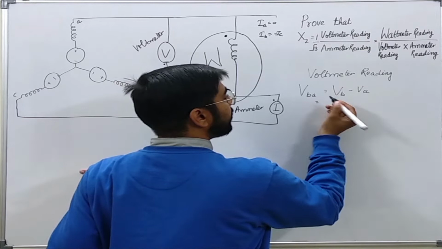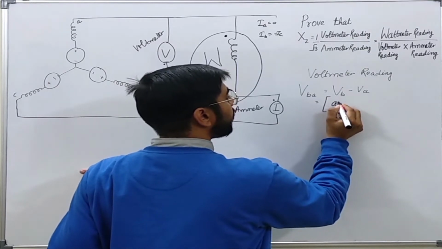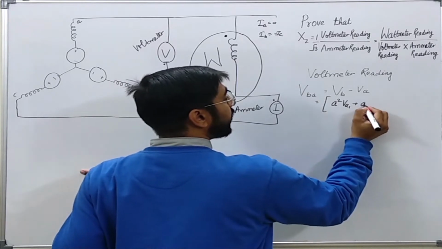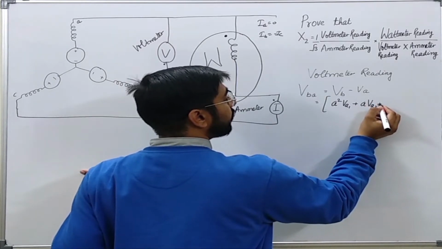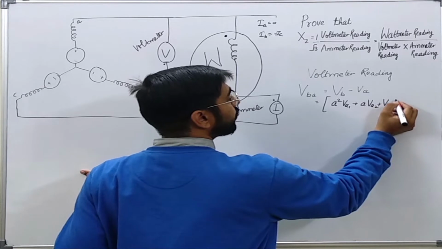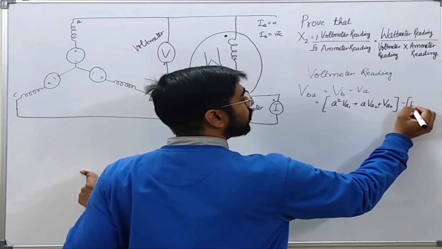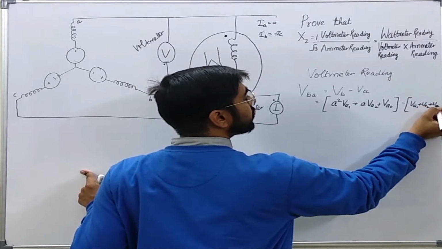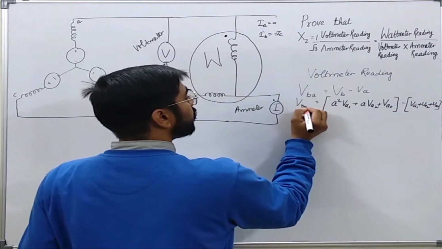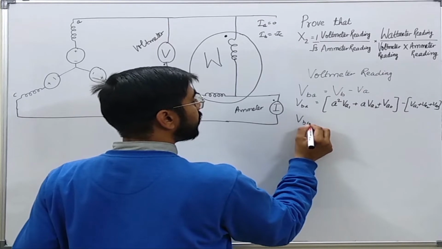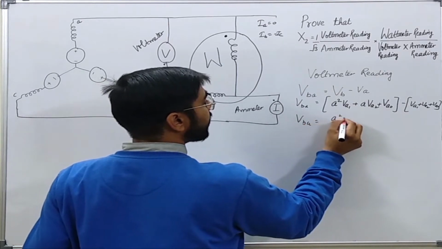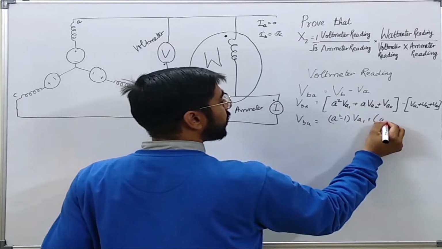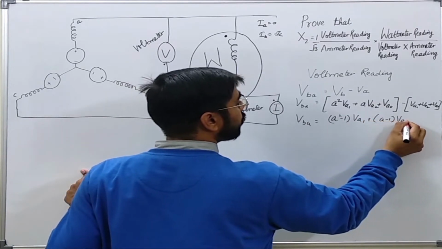So, VB1 is equal to a square VA1, VB2 is equal to a VA2 and VB0 is equal to VA0. Similarly, VA is equal to VA1 plus VA2 plus VA0. So, VBA is equal to (a square minus 1) VA1 plus (a minus 1) VA2.